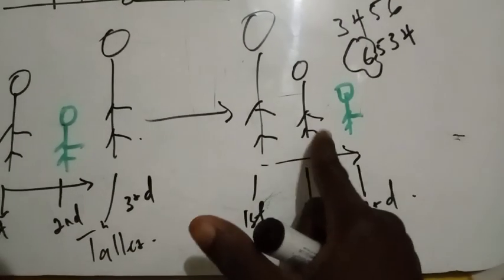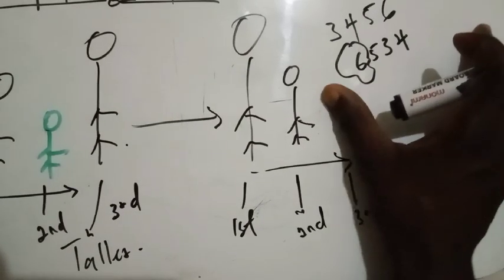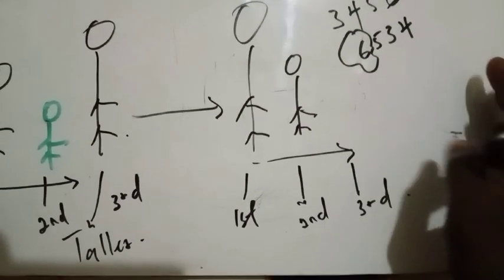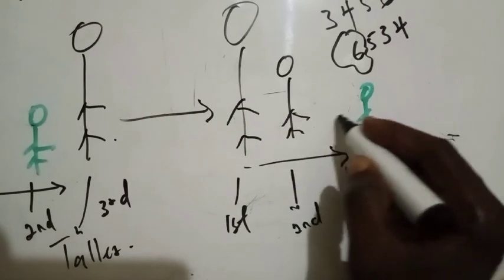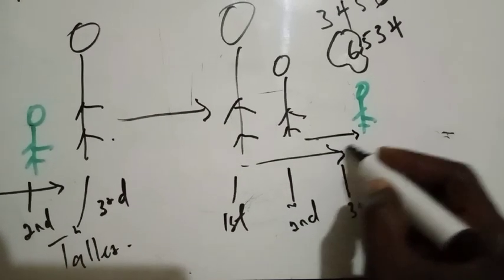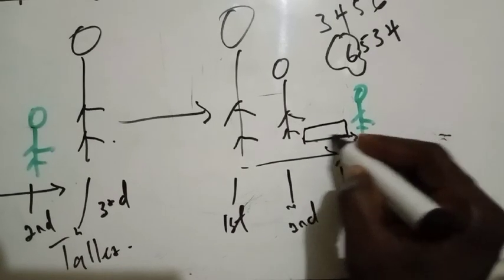When I come to this point here, let's assume that this guy is not here. Assuming I push this guy a little bit forward and let there be a space inside.